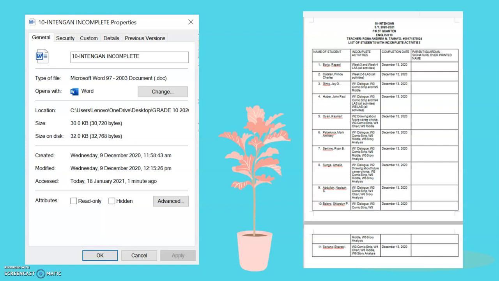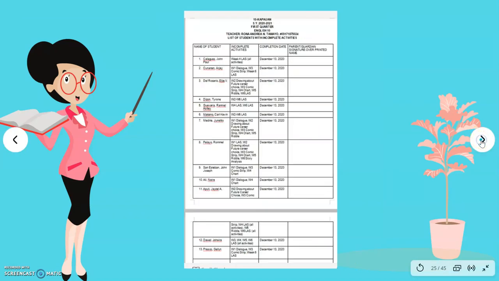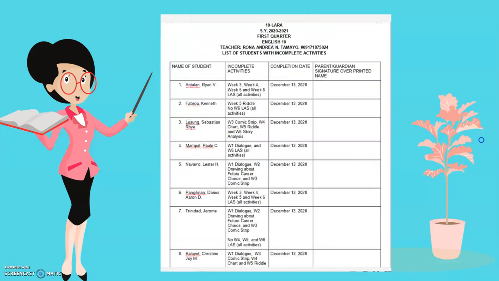What activities have they missed? Or I also give students chances to complete activities that they failed to complete due to perhaps not understanding the instructions fully. So they can always be given time or chances to complete the activities. There I have reminder forms for every class that I am handling.